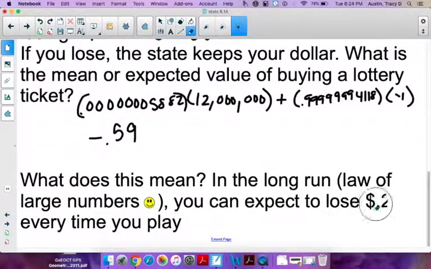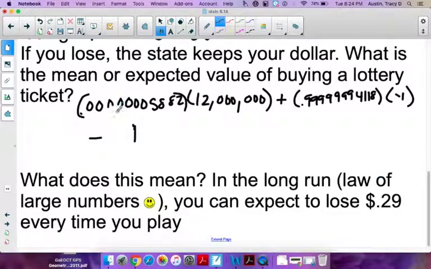You can expect to lose 29 cents, I was right the first time, every time you play. For every dollar you spend, you can expect to lose 29 cents, in the long run. And I'm talking about 29 cents in addition to the dollar you've already spent. I know that seems rather ridiculous, but that's basically what that means in the long run.